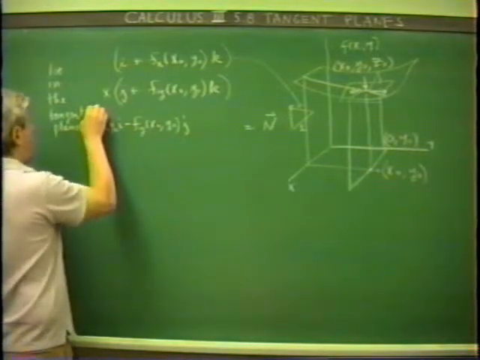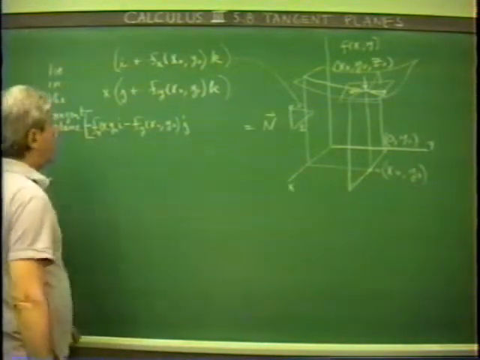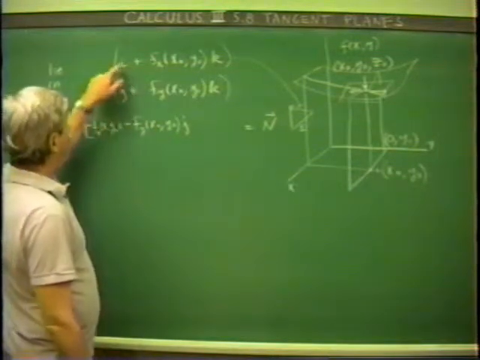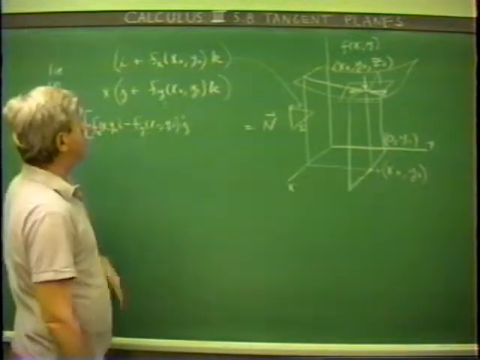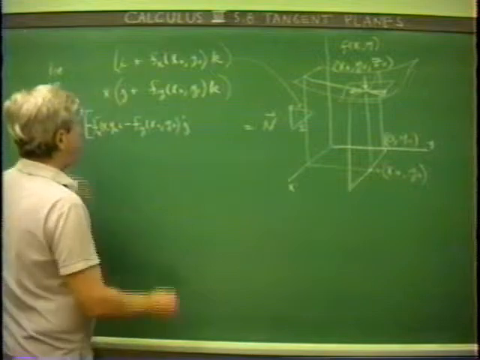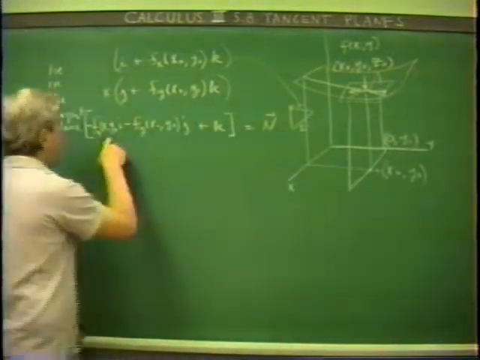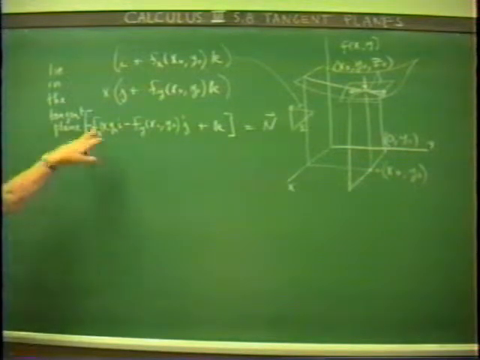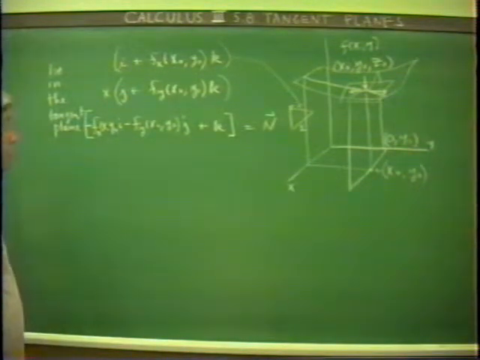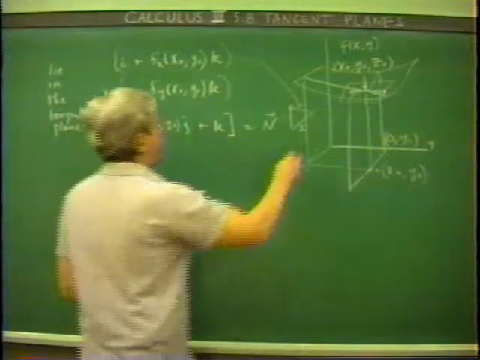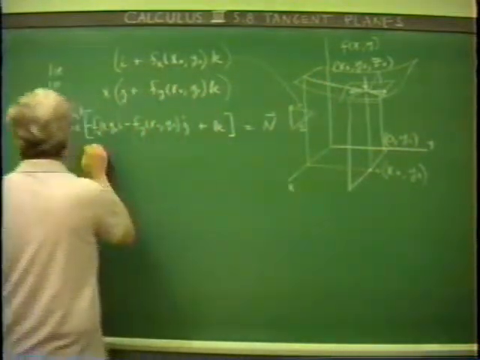So this is minus the partial of f with respect to x at x naught, y naught times i. Right? Finally, what have we got here? k crossed with k is 0. i crossed with j is k, so this is going to be plus k. So this vector right here then is going to be a normal vector to the plane.